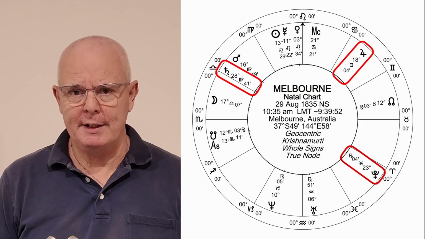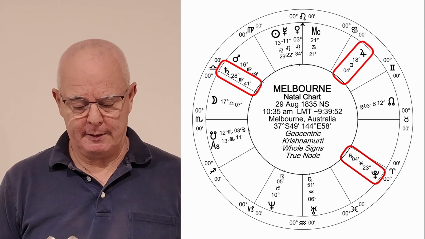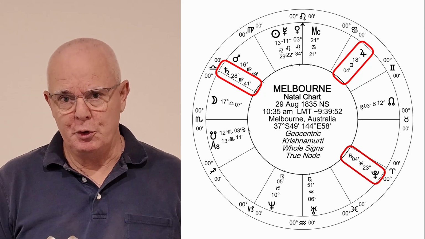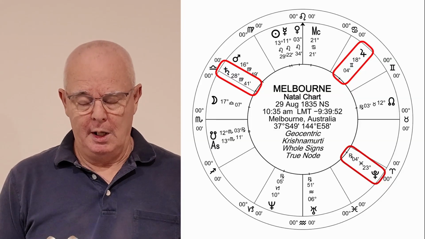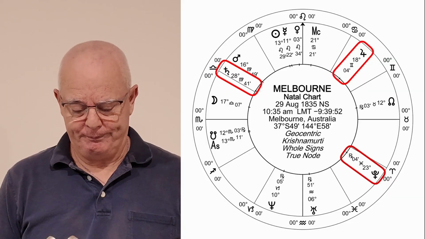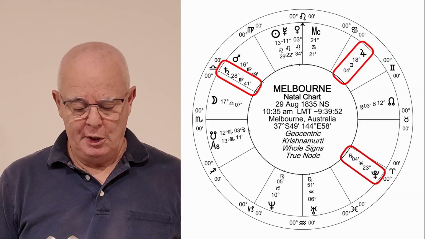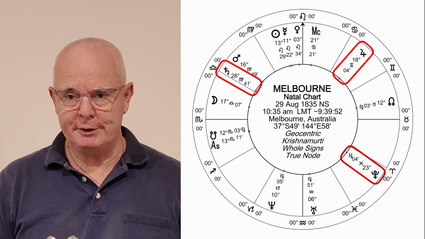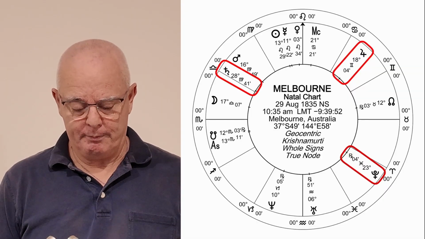Remember, sidereal zodiac. The MC is the point on the ecliptic due north, except in the northern hemisphere it's due south. So we rotate the chart anti-clockwise to bring the MC to the top.